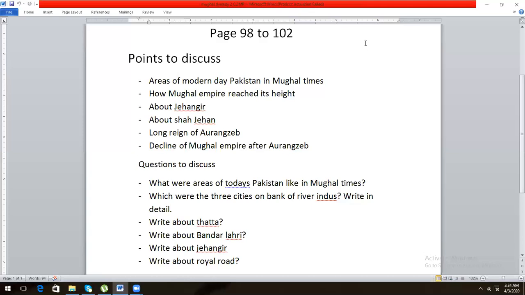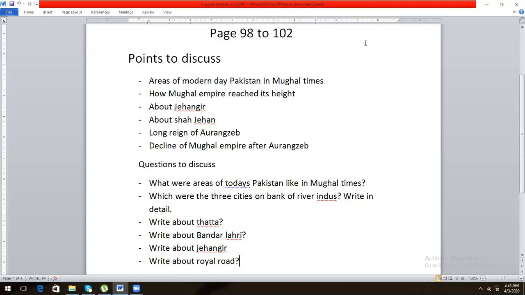The Portuguese attacked Thatha in 1555 and captured it. It was a prosperous city, and the Portuguese started trading here and set up a factory in a nearby port. It was a port near Thatta, known as Bandar Lahari. The Portuguese started trading there, and more wealth started coming in.